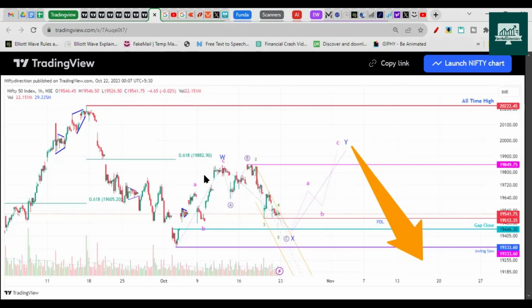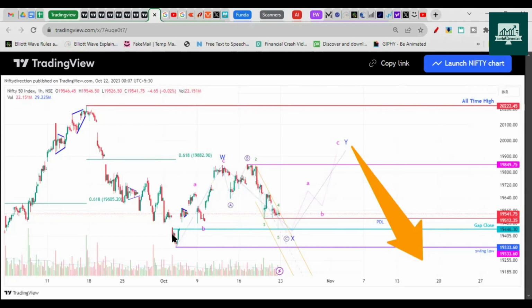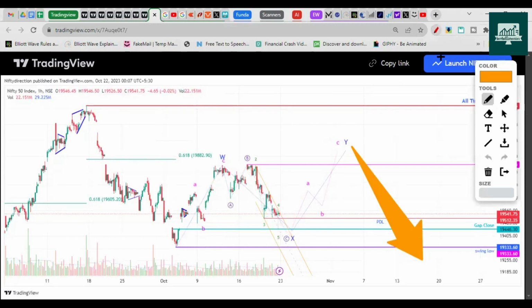So why I'm labeling this as a corrective wave and I'm considering this as a down move, is because here you see the structure is not clear. When you check the Sensex chart, you might also label them. You might label these moves, let's say of Nifty, as wave 1, wave 2, wave 3 here, and wave 4 and wave 5 here, because it has made a new high just above this third, right?